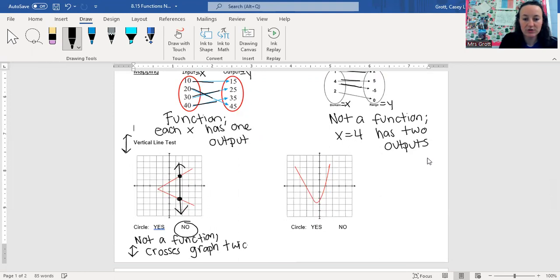We failed the vertical line test. Okay, we crossed twice. Versus on this graph, when I draw a line, I'm only crossing one time. Okay, every line I draw, I'm only crossing through the graph one time. So this one would be a function.